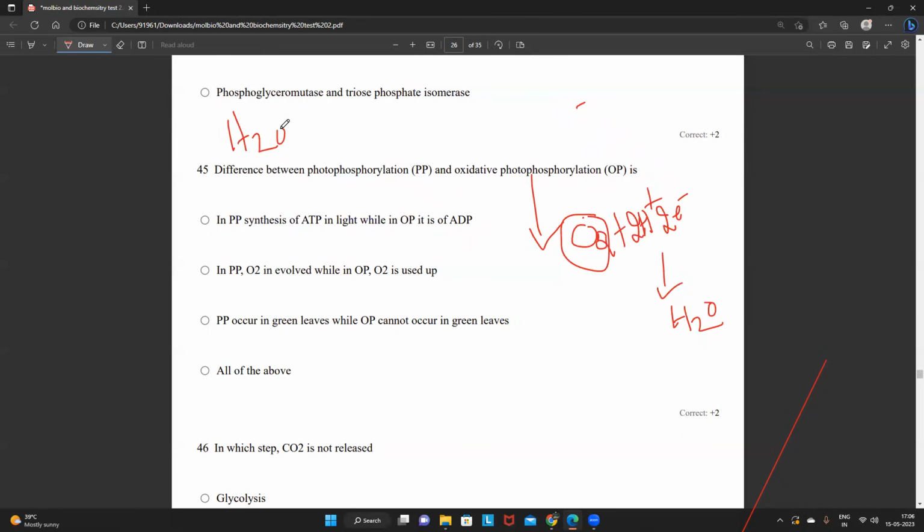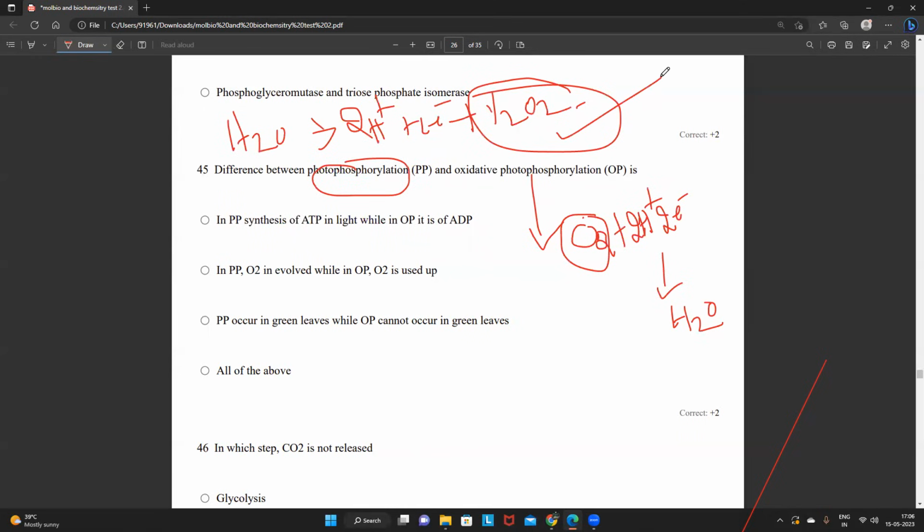When the water molecule breaks down, it is the same reaction in opposite: 2 protons, 2 electrons, and half oxygen will be released. This is the oxygen we breathe. So, my friends, in photophosphorylation, oxygen is released. In oxidative phosphorylation, oxygen is used. You can see, right? So both are opposite. That is the answer, option B.